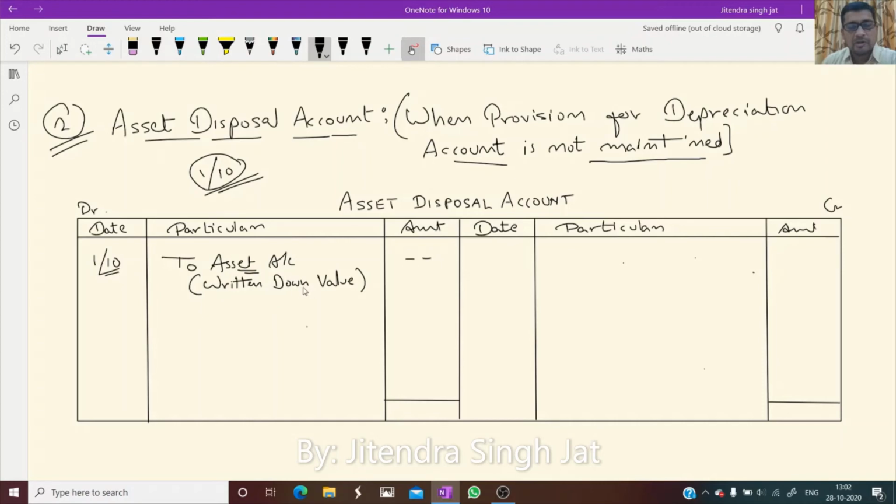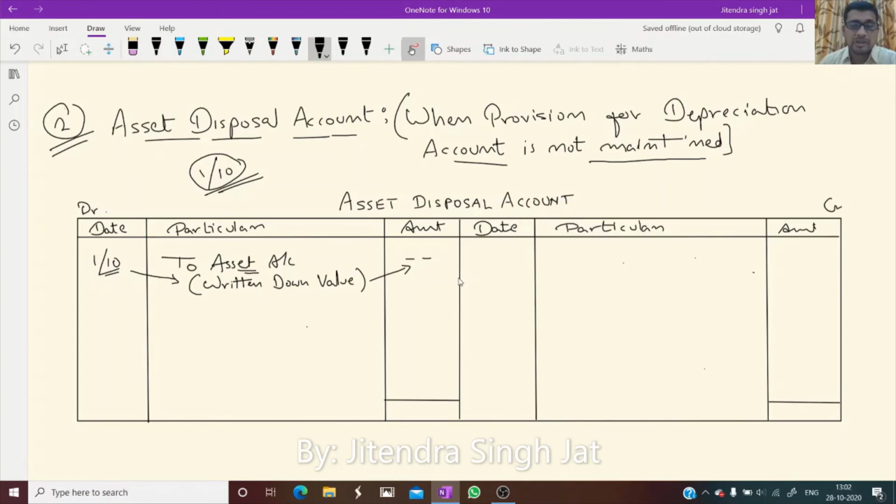So the written down value of the asset sold on 1st October is recorded on the debit side of asset disposal account. Remember, the asset which has been sold, its written down value on 1st October is recorded on the debit side.